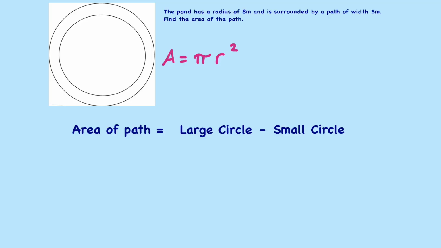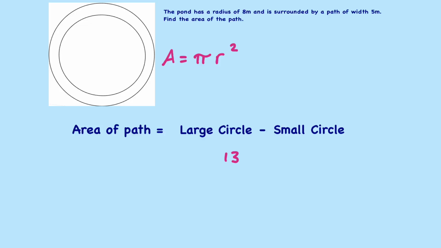Now the area of the large circle will be 8 centimetres here plus this 5 centimetres. So altogether it will be 13. So that is 13 centimetres from the centre all the way to the outside.